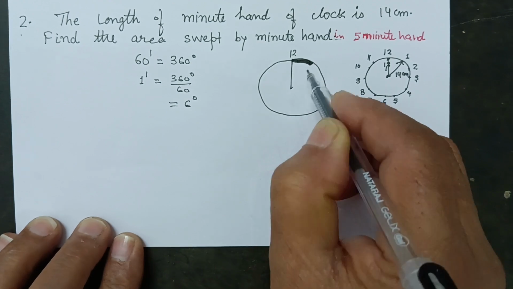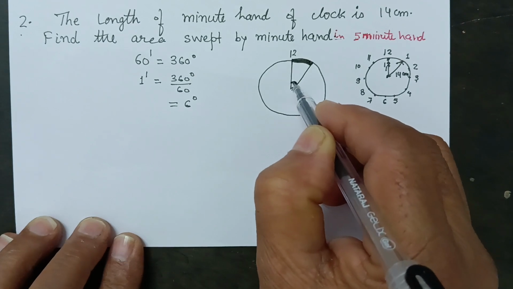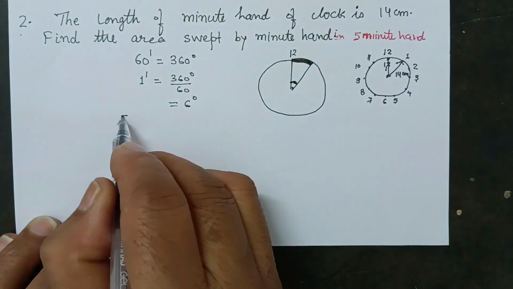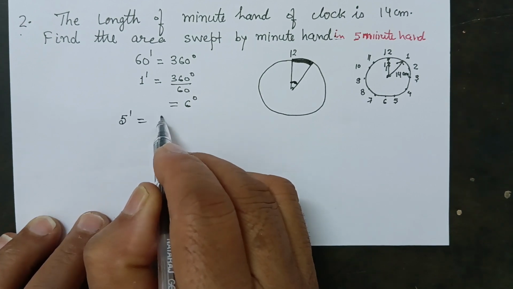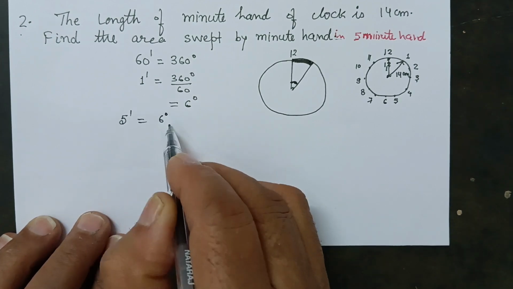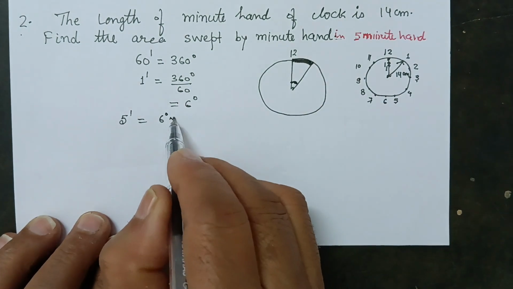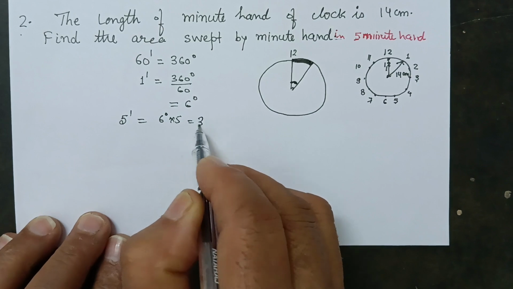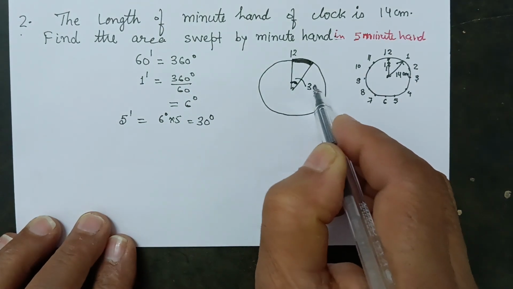So we need to find the area of this sector. So in 5 minute the angle subtended by this minute hand will be 30 degree. At the center, this angle is 30 degree.